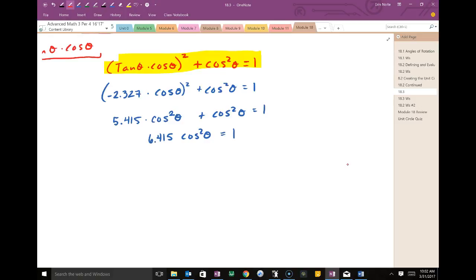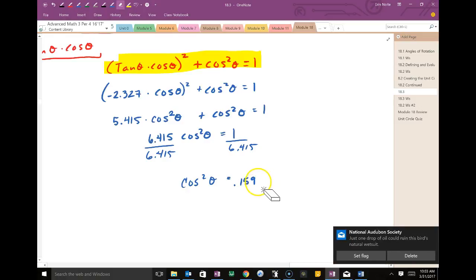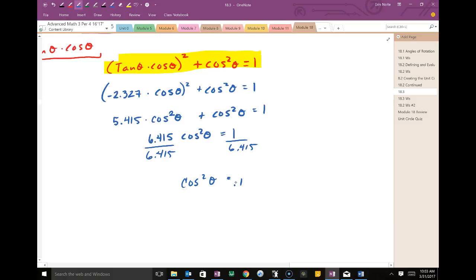Divide. Good. So the next step is to divide by the 6.415. So I'm going to have cosine squared is equal to, can somebody tell me what 1 divided by 6.415 is? 0.1558. 0.156.